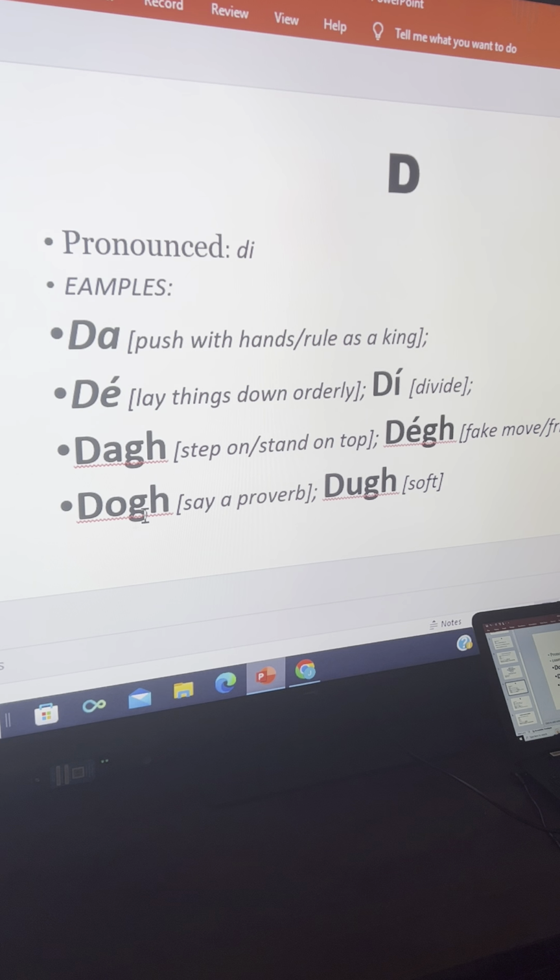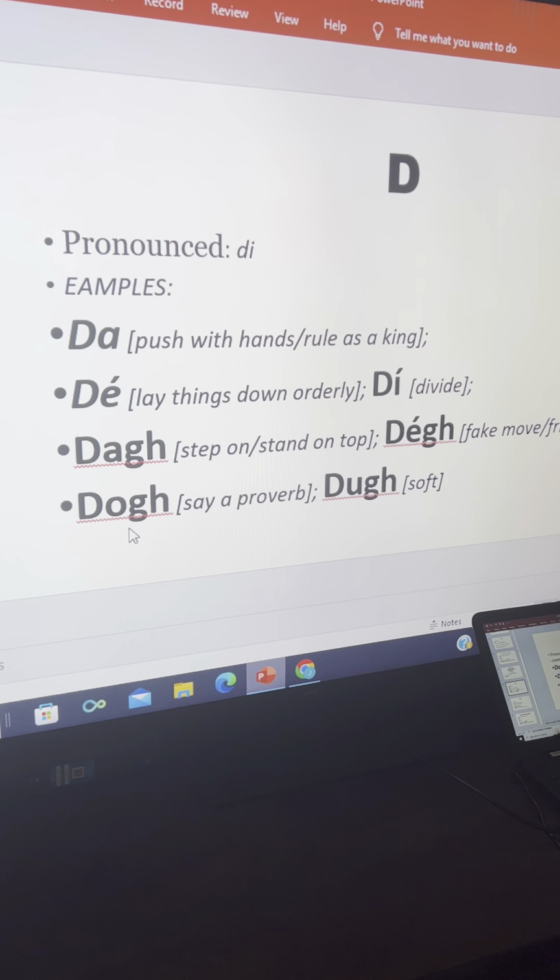Here's another example. D, O, G, He. Dok. See, the O is not tone marked. So it sounds like the English O. When you tone mark it, then it changes to O. So note that difference.